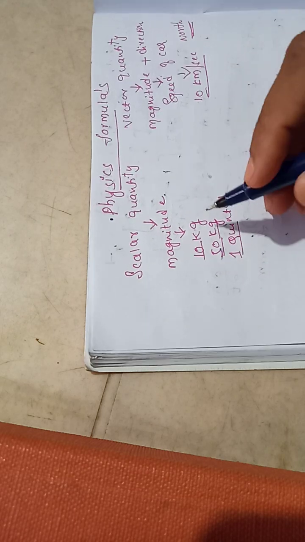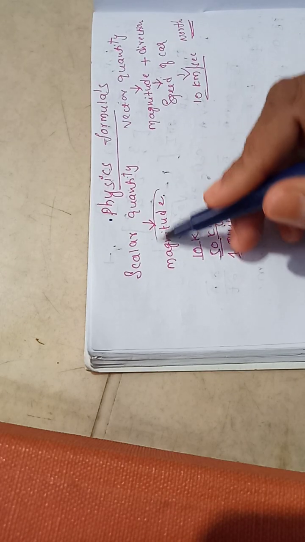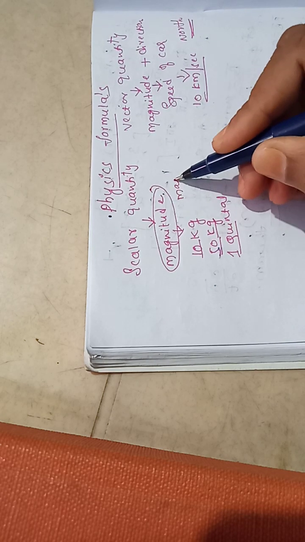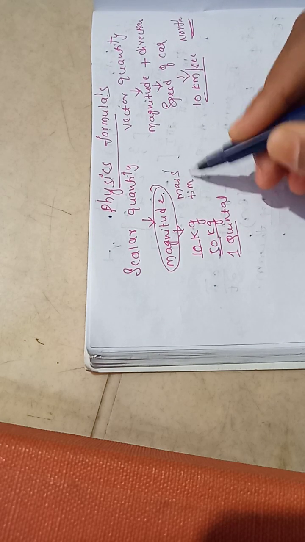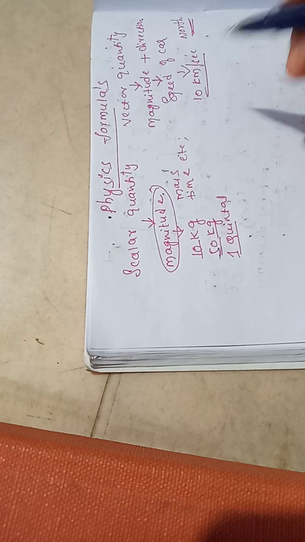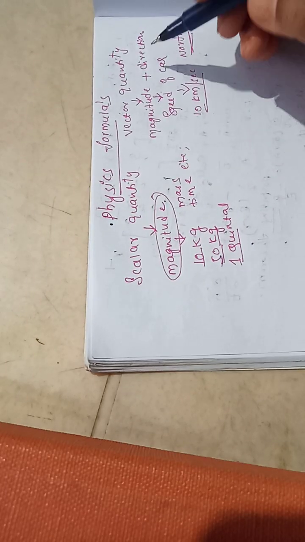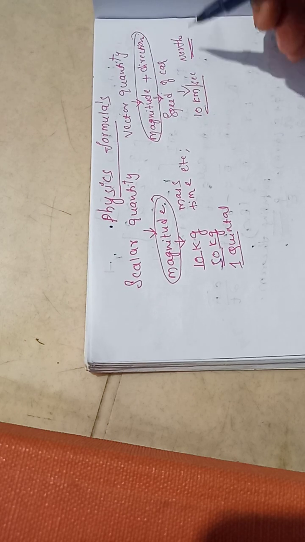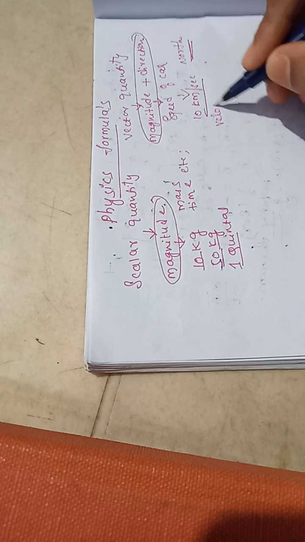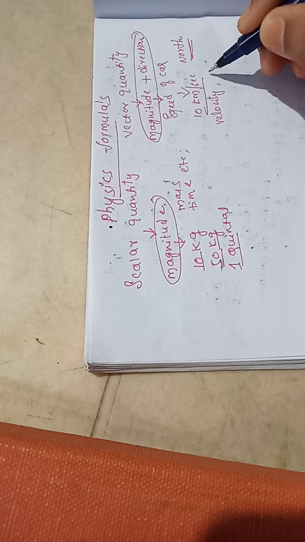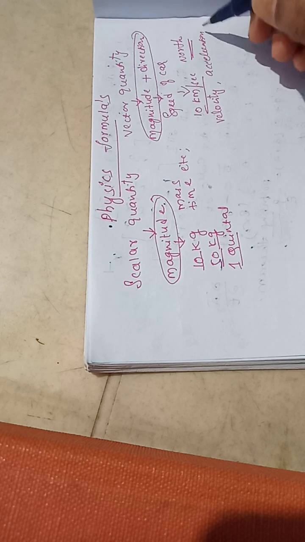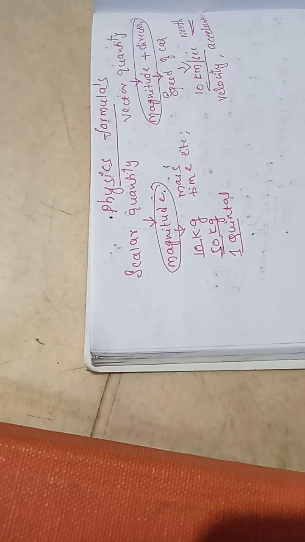So some physical quantities require only magnitude, such as mass, time, etc. Some physical quantities require magnitude as well as direction, such as velocity, acceleration, etc. Right?